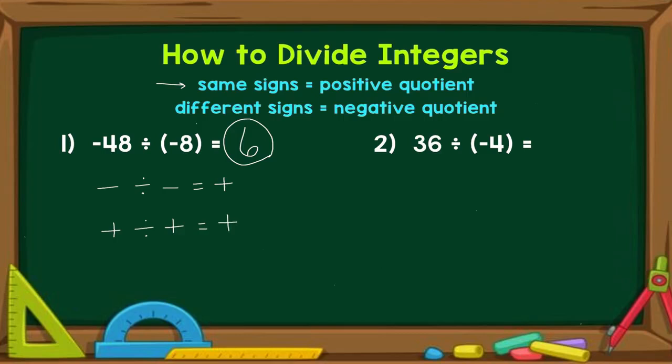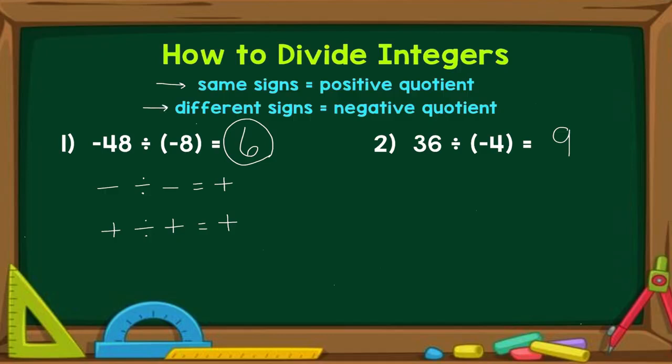Let's move on to number 2, where we have 36, a positive 36, divided by negative 4. So let's think of this as 36 divided by 4, which is 9. Now we need to determine if that quotient is positive or negative. Well, we have a positive divided by a negative, so we have different signs.